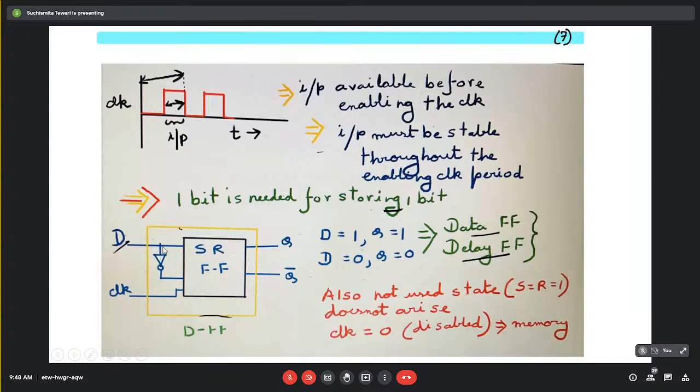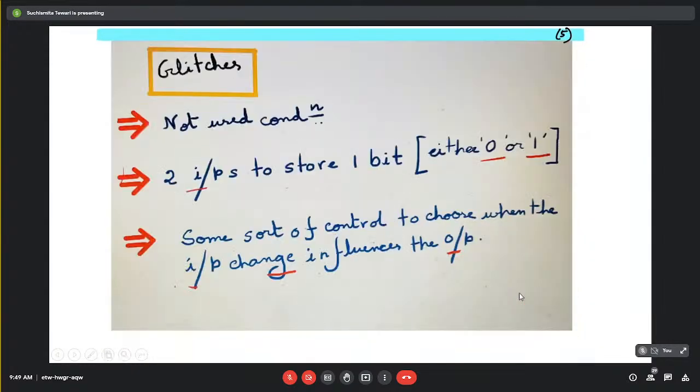Now note another thing: since I am connecting these two inputs through a NOT gate, either 1 0 or 0 1, only these two states will arrive. There is no chance of 0 0 arising, no chance of 1 1. So here we have successfully avoided this not used condition.